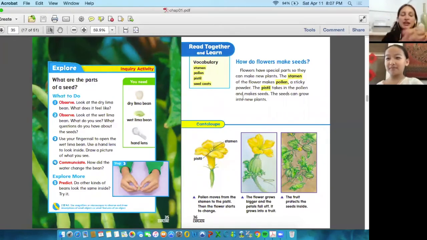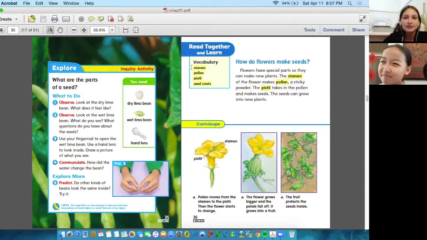Yes, we're not going to do this part because we need to have some lima beans with us to do a small experiment. So we're just going to go straight into the reading, okay? All right. It says, read together and learn. Could you read the 4 vocabulary words that we're going to encounter in this reading, please?